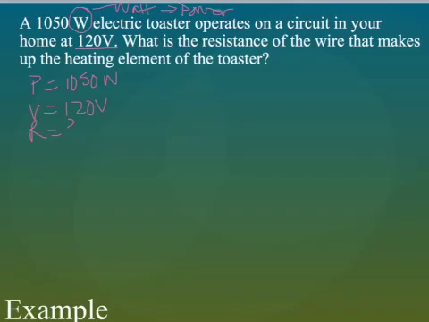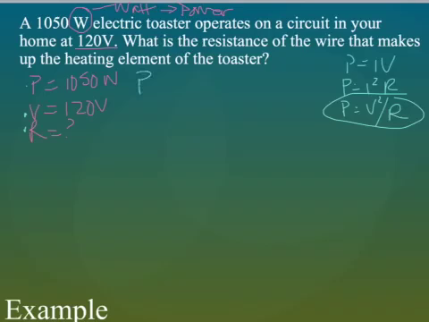Based on that, we've got to think about the versions of the equation that we have. The versions that we had are P equals IV. Well, we don't have current. We had P equals I squared R, and we had P equals V squared divided by R. In this case, we have V and R and P, so we're going to want to use this version of the equation: P equals V squared over R. Now I just need to plug in my information.